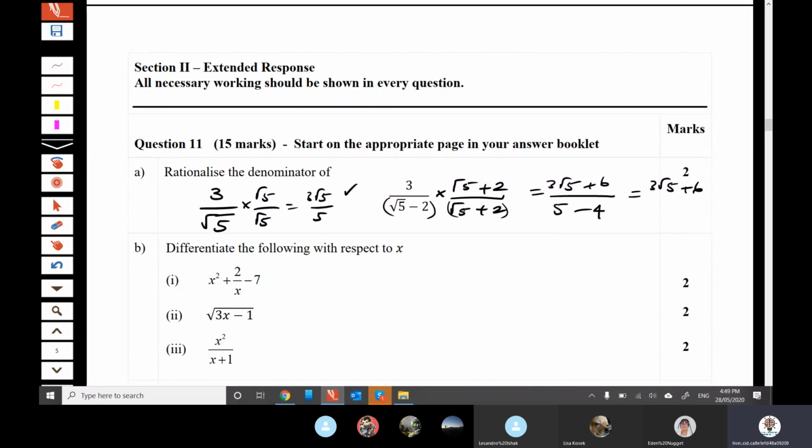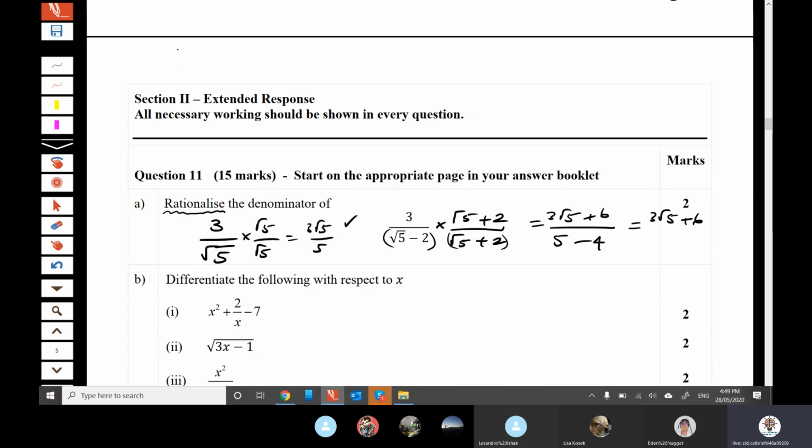If you did what you said, Eden, and some others said minus 2, what would happen is you won't actually end up with no surds in the denominator, which is the aim of rationalizing. Now, it's funny, Eden, you just said, is it in the syllabus? This question was asked in the HSC.